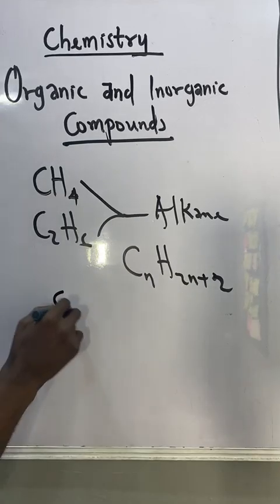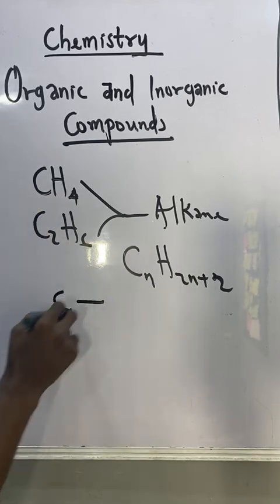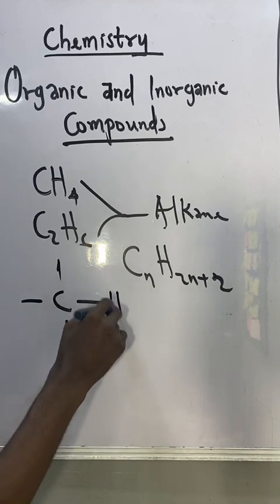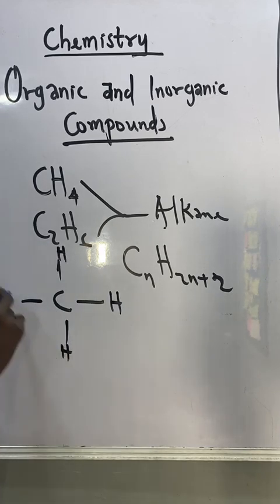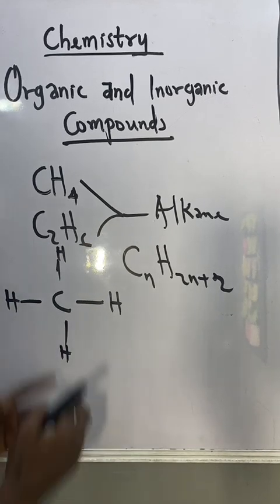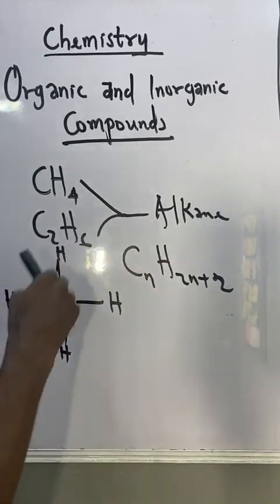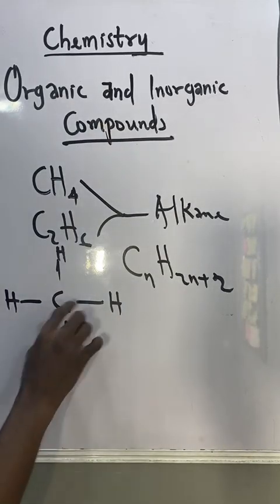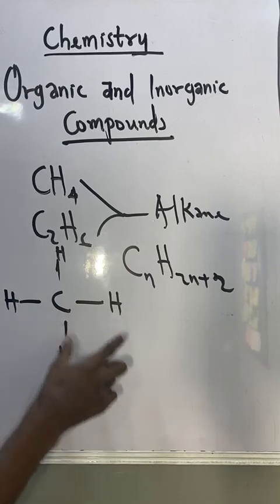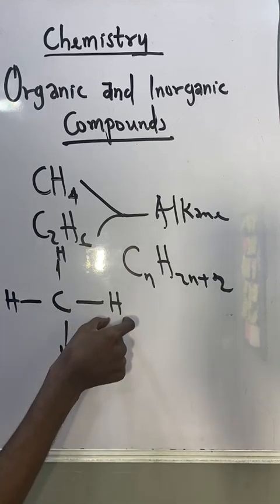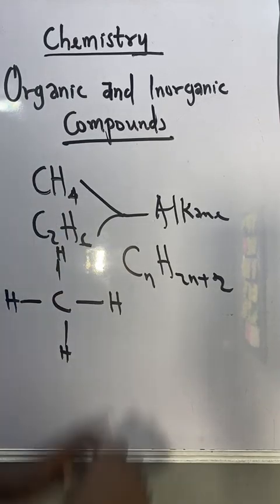How do we form the bond? See, for methane, we have hydrogen bonding with carbon covalently, and carbon bonding with hydrogen. So all organic compounds will have this kind of bond between hydrogen and carbon. This is how it happens.